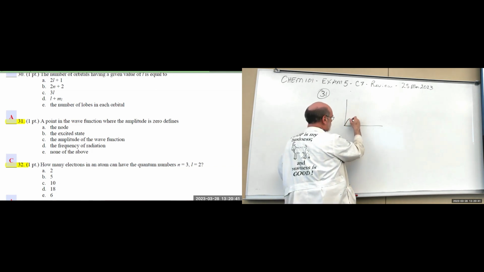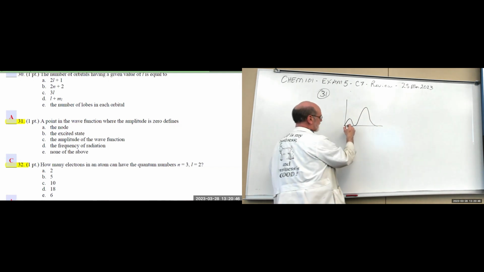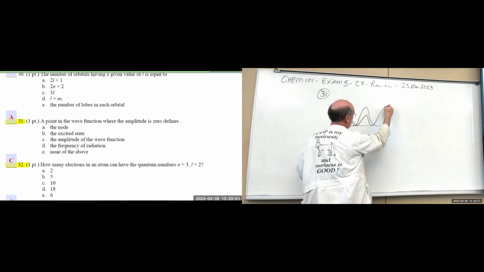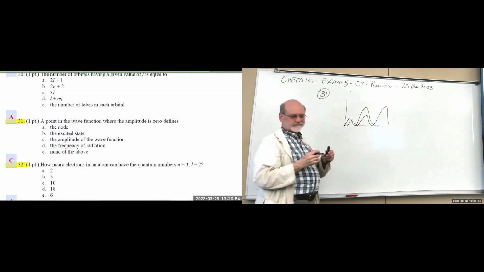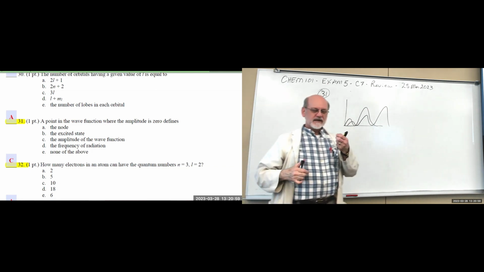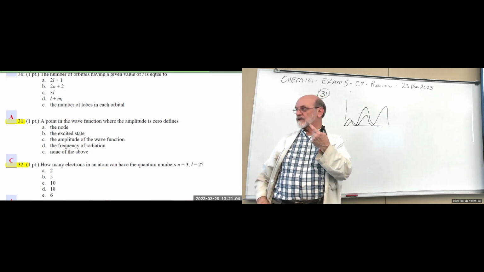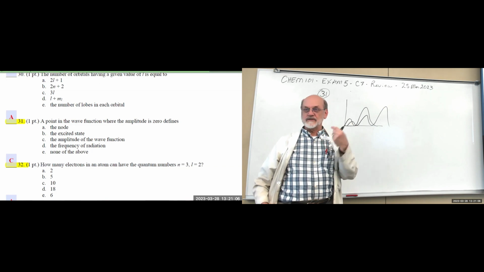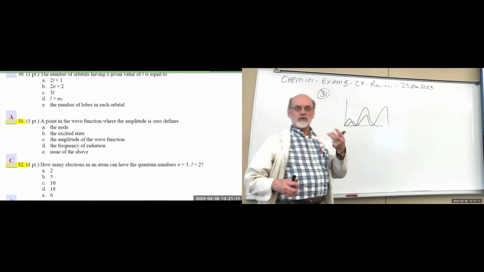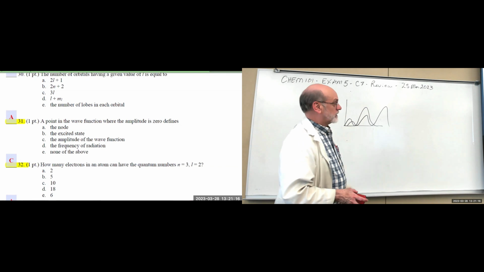And for a 3s, it goes something like this. Take the n number and subtract 1, and that's how many nodes you can have. So 1 has 0, 2 has 1 node, 3 has 2 nodes, 4 would have 3 nodes. So the answer here is the node.